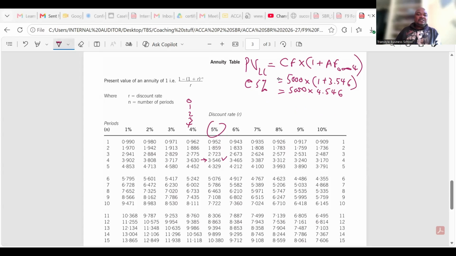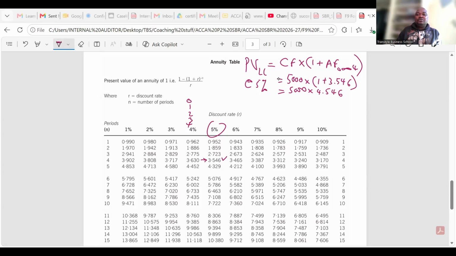Let me use my calculator. The calculator might not be on the screen, but let me use the computer here. 5,000 multiplied by 4.546.